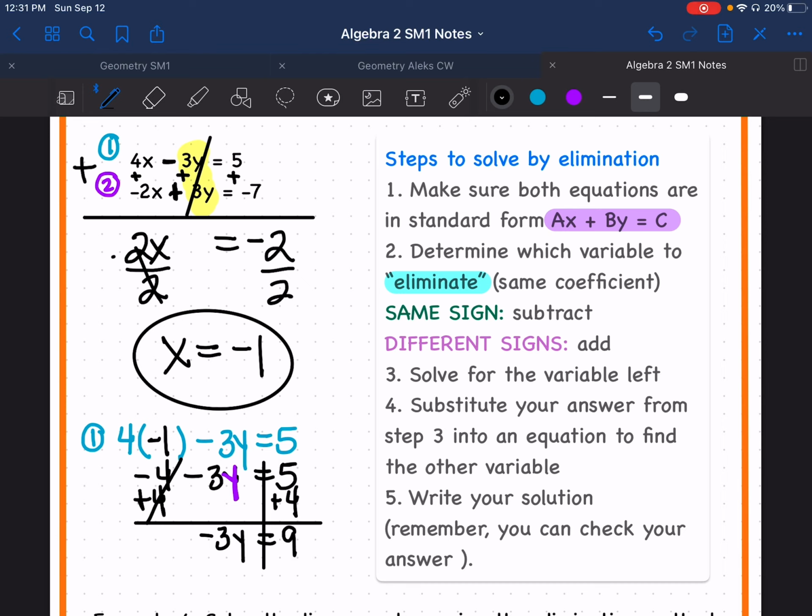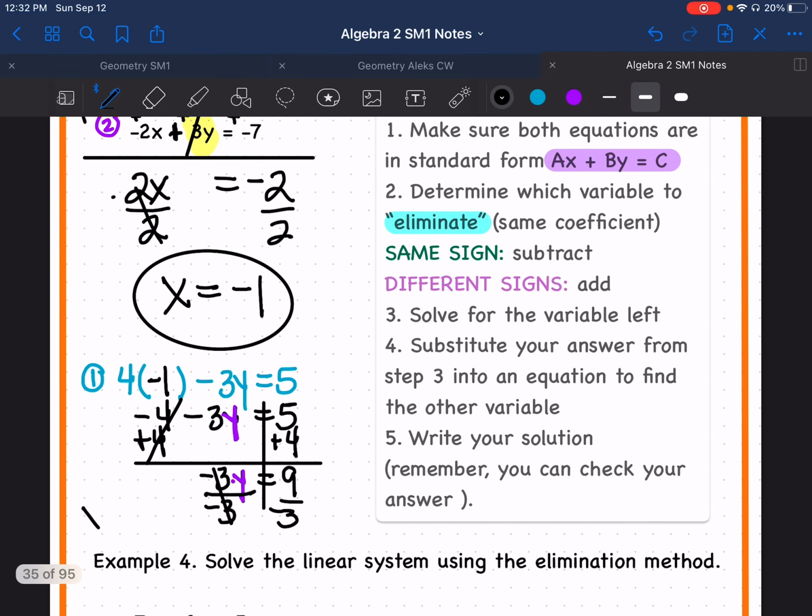The minus in this case does not disappear. I'm going to get rid of that multiplication by simply dividing by -3. And I get the answer of y equals -3 when I divide.